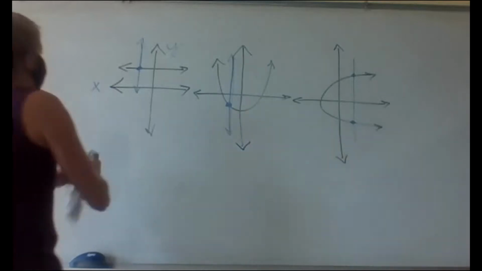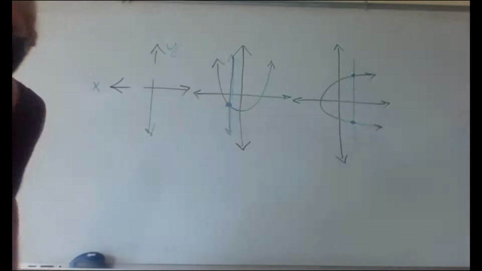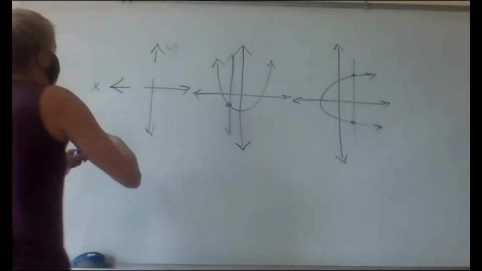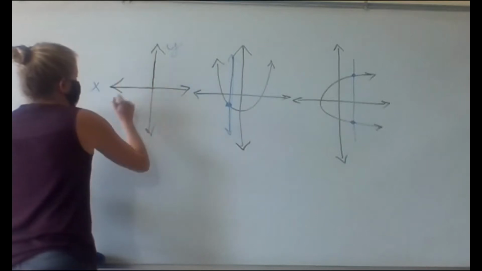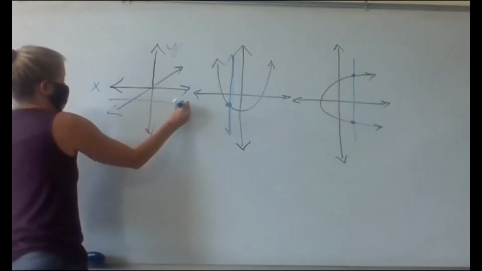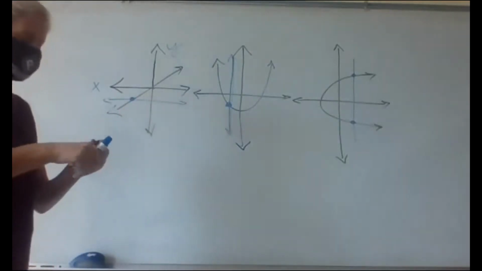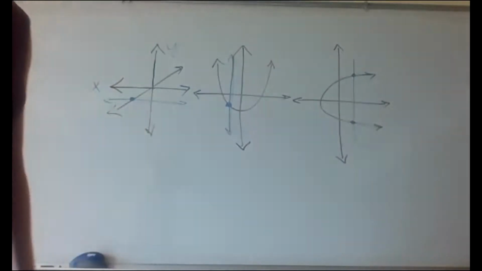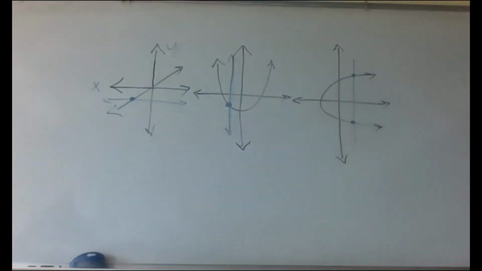Now we need to determine if these are one-to-one. So that one I don't even use because it's not a function. I'm going to draw my line. So yes, this one was a function because it only touched it once. Now let's see if it's also what's called one-to-one, which means does it pass the horizontal line test?